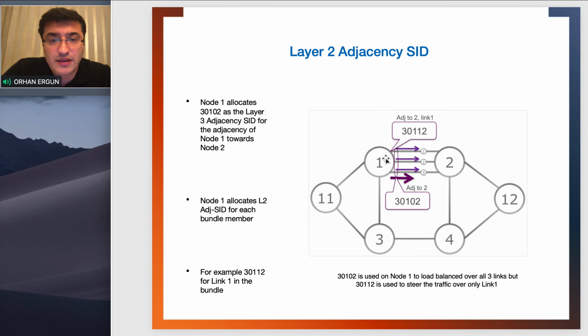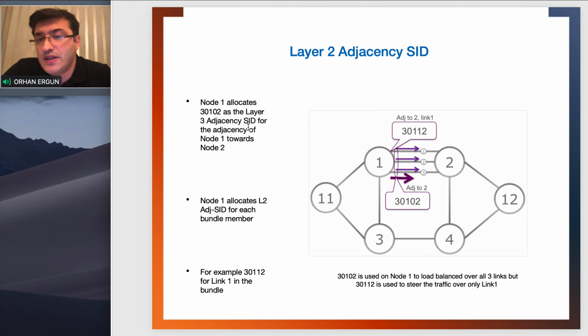So node 1 here allocates, let's say, 30,102 as the layer 3 adjacency seed, which means sending over any of the links. So basically between me and node 2, you can utilize any of them. So layer 3 adjacency seed. Or for each and every link you can assign a layer 2 adjacency seed.